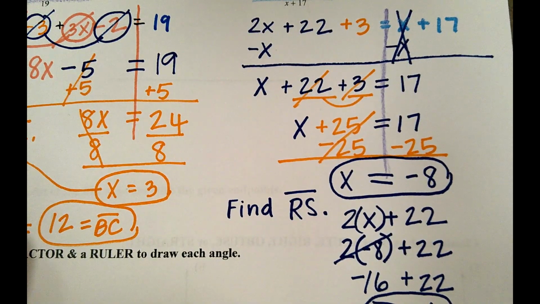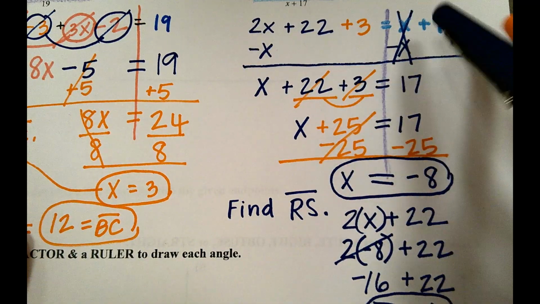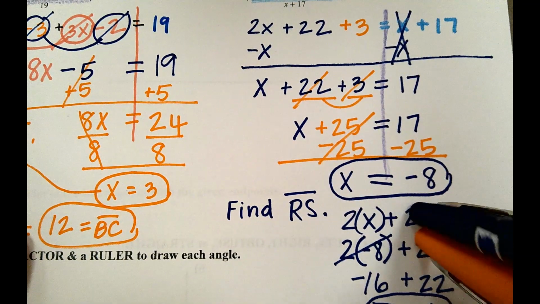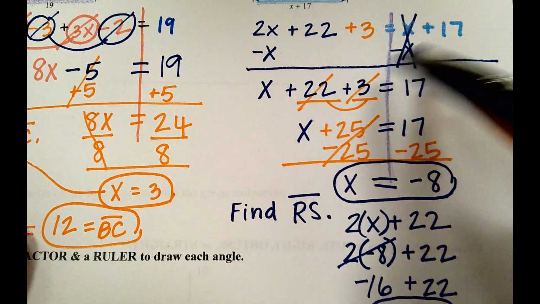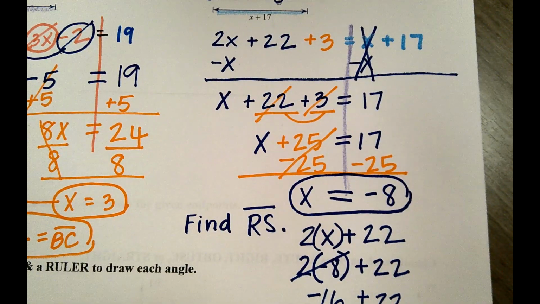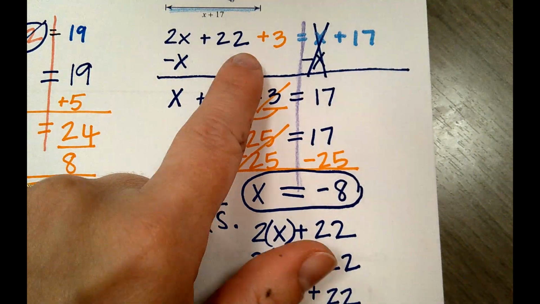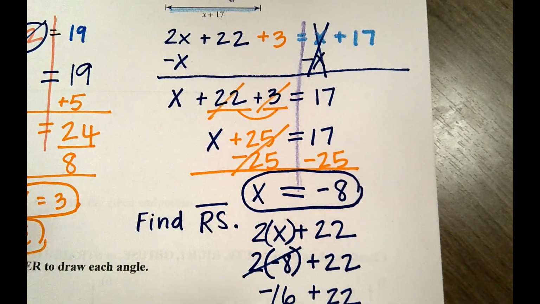So you can add the 22 and the 3 first if you want. With these problems, because there are so many different steps, you can do them in different orders. That's the way I probably would have done it too. I like to combine my like terms that are on the same side first.